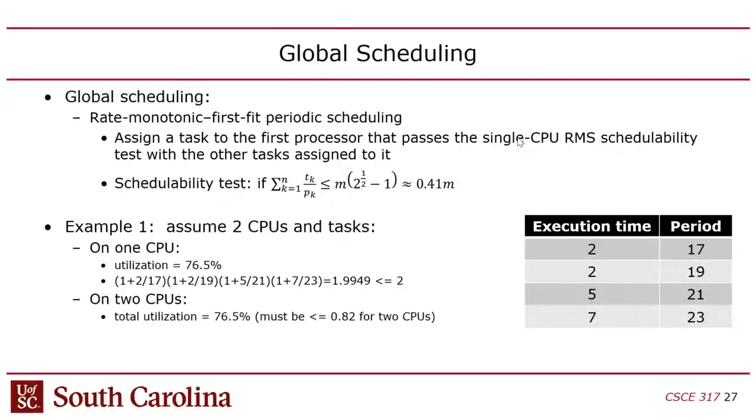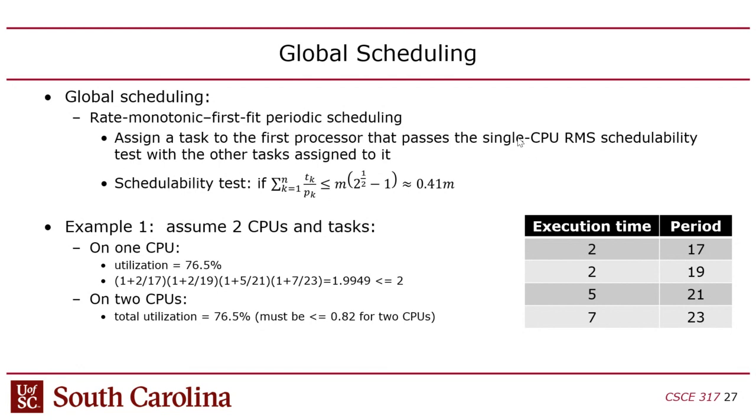One way to do that is the RMS first-fit periodic scheduling. This one has a bound that the utilization has to be less than or equal to 0.41 times the number of processors. That's a crappy bound, but no one's come up with anything better for that yet. The problem with this algorithm, and you might say, why is it so bad? Well, basically, it's something you do at the beginning. You do a greedy match.